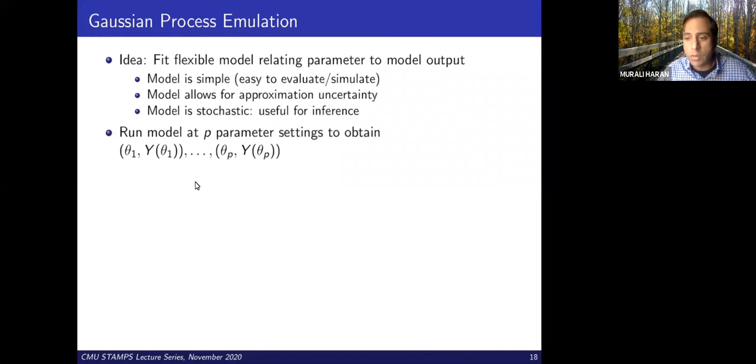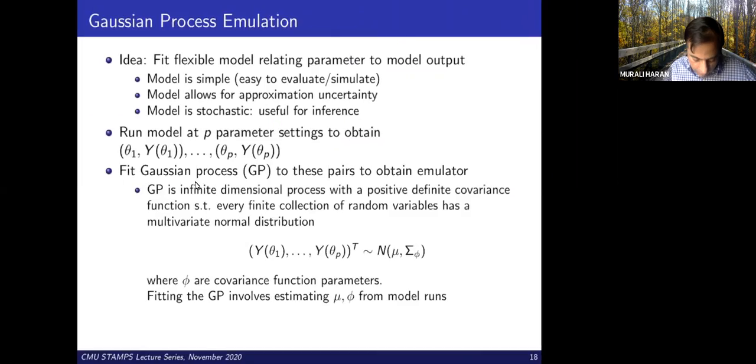And so basically, as I said before, you can just think of this as a non-parametric regression. So you run the model at p parameter settings, theta 1 through theta p, giving y of theta 1 to y of theta p, and you fit a Gaussian process to this. A Gaussian process is an infinite dimensional process where every finite set of these values has jointly a multivariate normal distribution with some covariance.